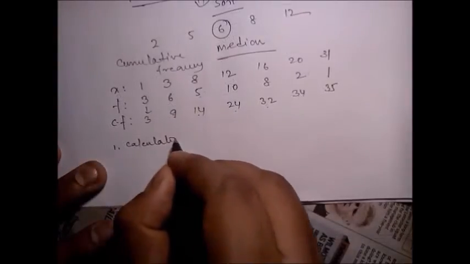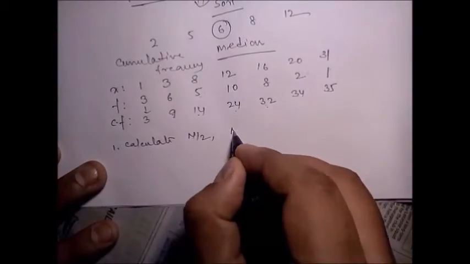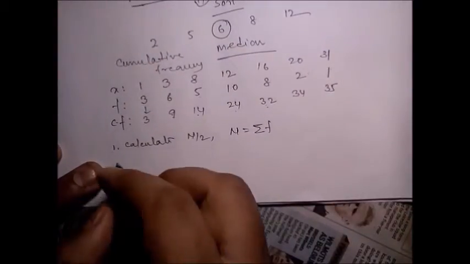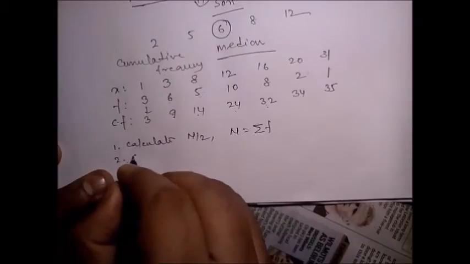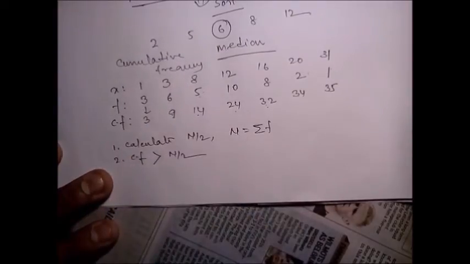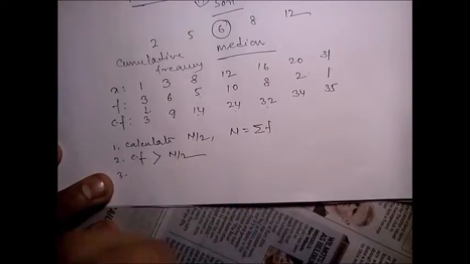Calculate n by 2, where n is nothing but the summation of the frequency. Next, identify the CF just greater than n by 2, and the corresponding value is the median.